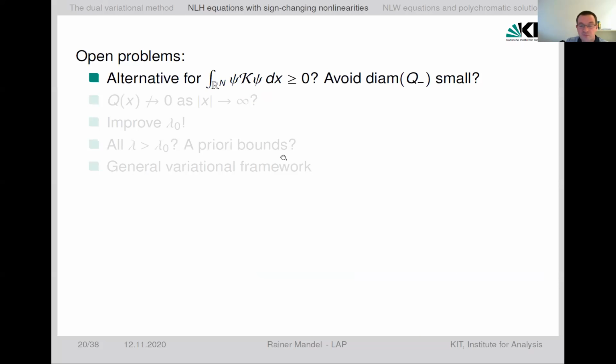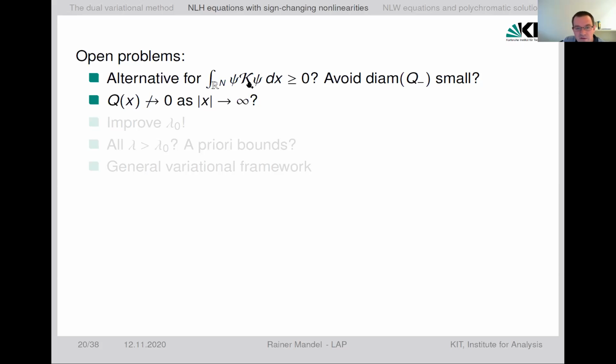So, open problems related to that. Is there any alternative for this condition? Can we deal with bigger negativity sets of Q? Are there variants of this result where Q does not vanish at infinity?